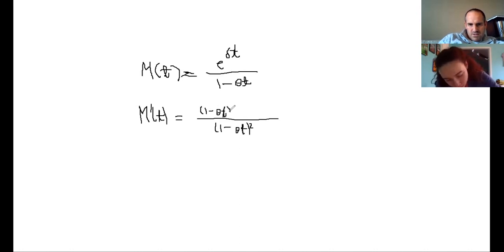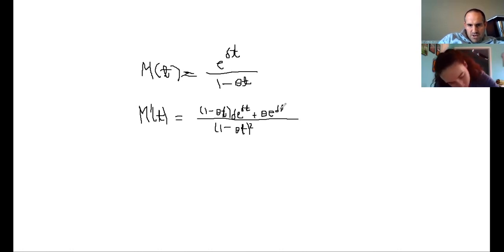And then minus e to the delta t times negative theta. So it's plus theta e to the delta t. Makes sense?